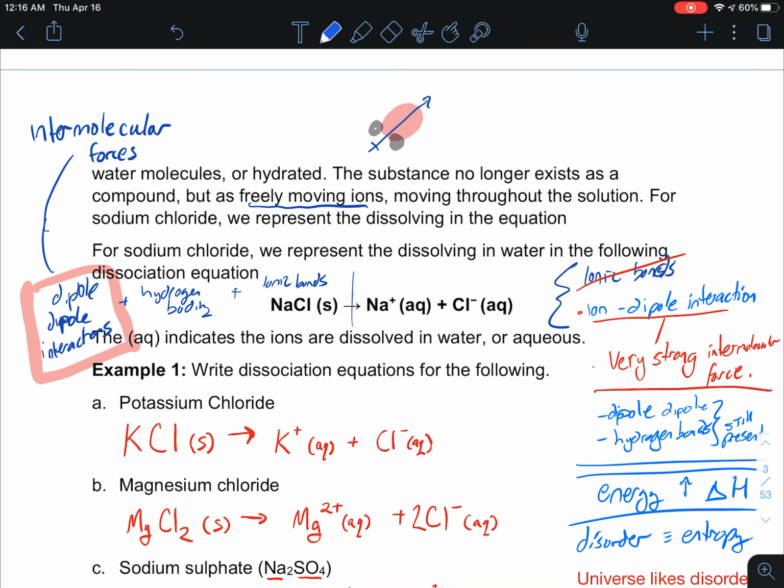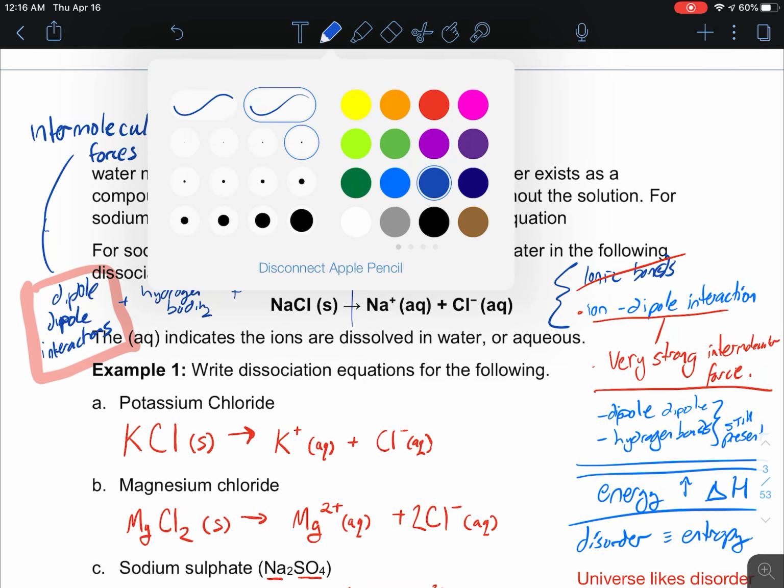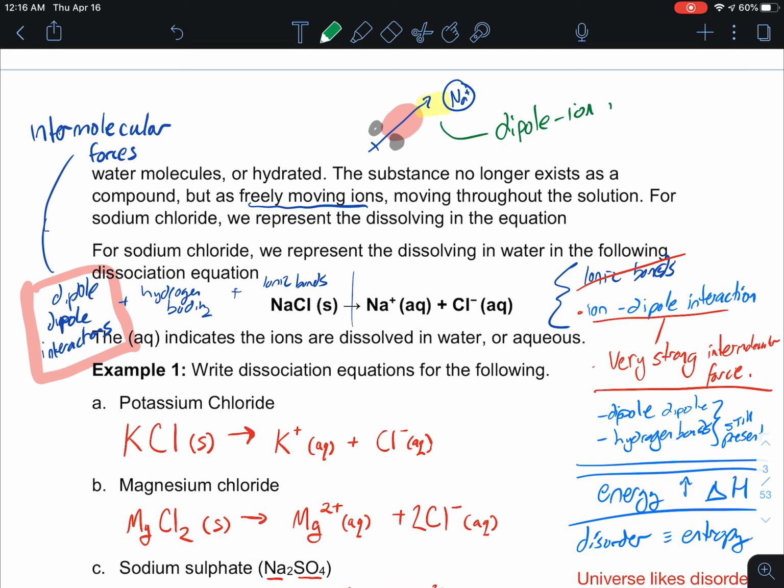And in fact, this ion attraction is one of the most powerful forces that is found in chemical nature. So this interaction here, this little bit of force, let's put some yellow force energy here. This is known as a dipole-ion interaction.